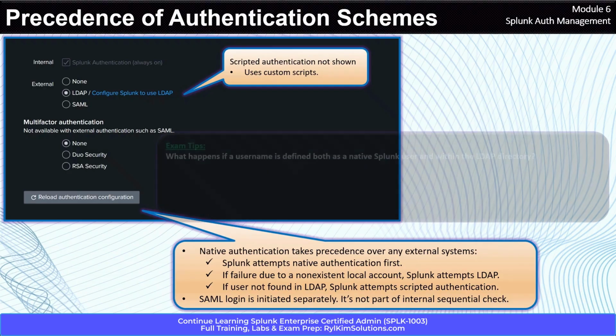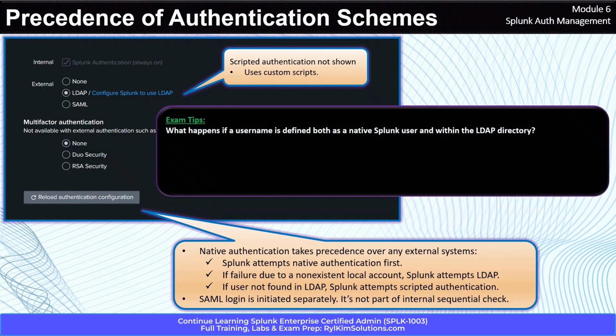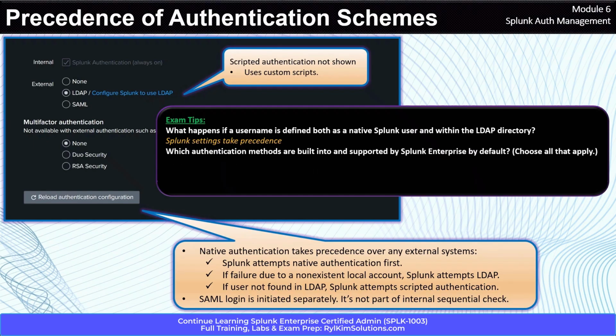Now we have some exam tips here. The first one reads, what happens if a username is defined both as a native Splunk user and within the LDAP directory? Here it's talking about precedence, and a possible answer here is Splunk settings take precedence. It's going to use the local account, and that is native authentication. The second one reads, which authentication methods are built into and supported by Splunk Enterprise by default? Choose all that apply.